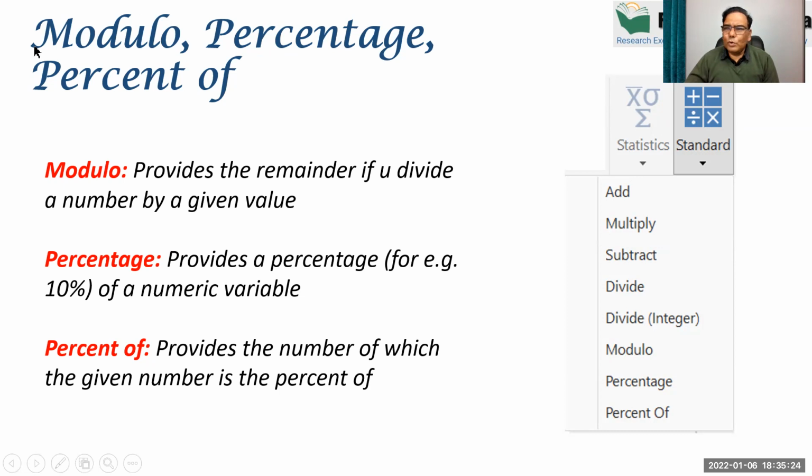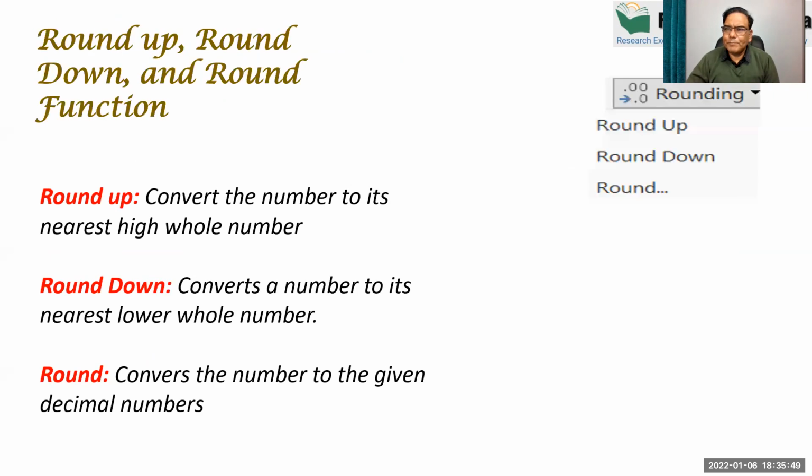So this modulo is just the remainder. Percentage, suppose you want to calculate the percentage of a series, you can do that. Similarly, percent of, suppose you want to know that this number is 18% of which number, so that number will come. So we can do small calculations in Power BI.